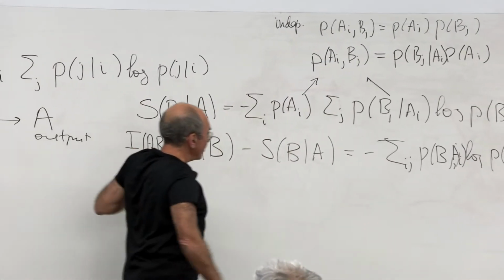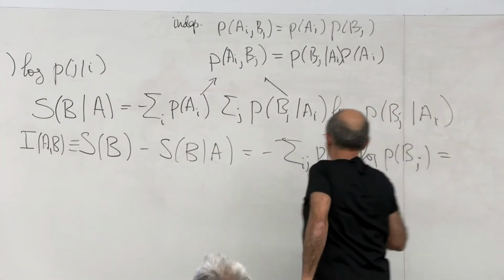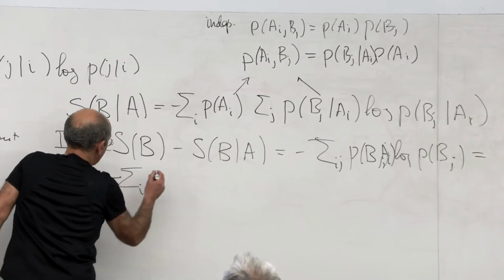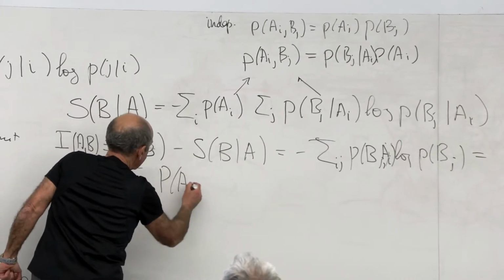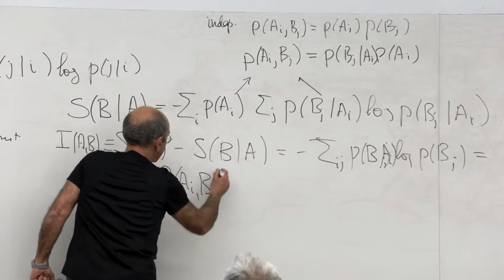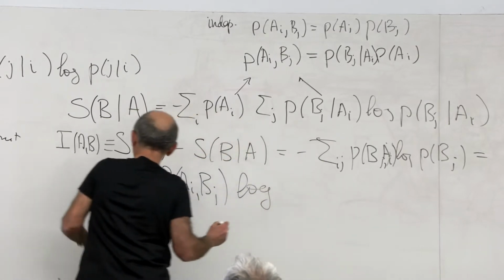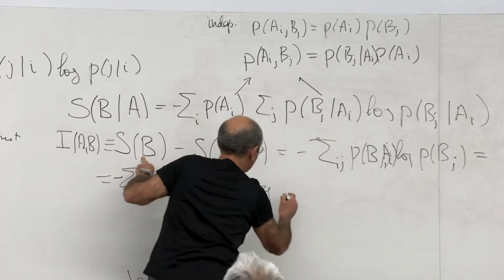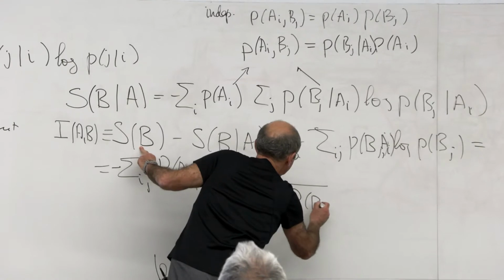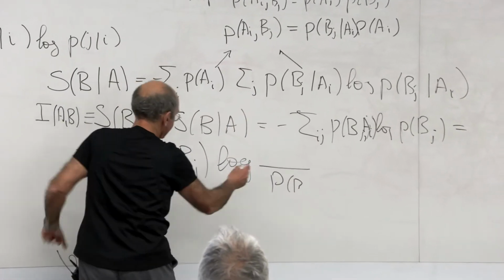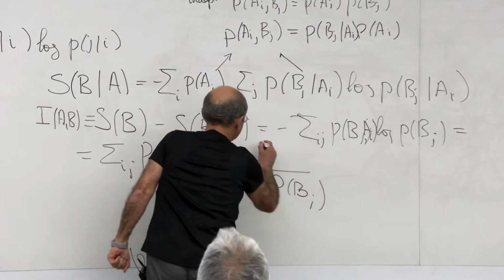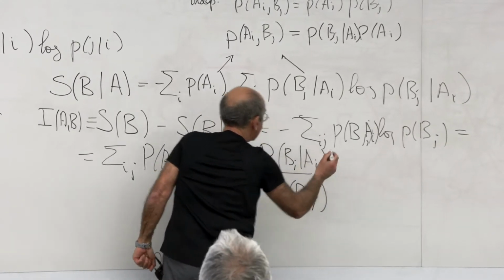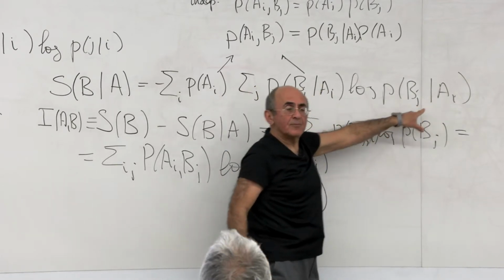So now I may write this thing as follows. It's a sum over i,j of minus probability of A_i B_j. And what would be here would be log of P of B_j, let me erase the minus, so it will be this of B_j, and what will be here P of B_j under A_i, which came from here, right?